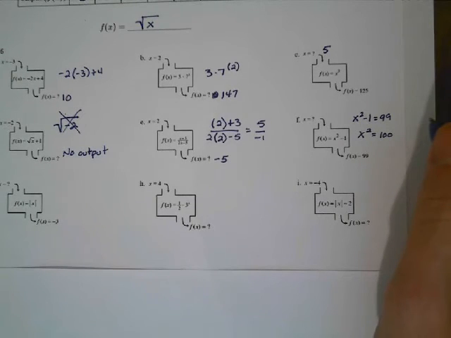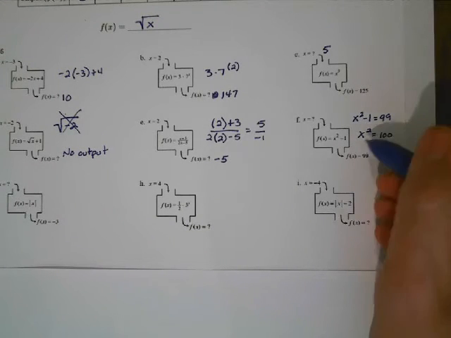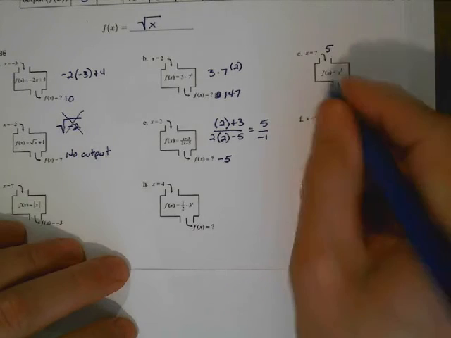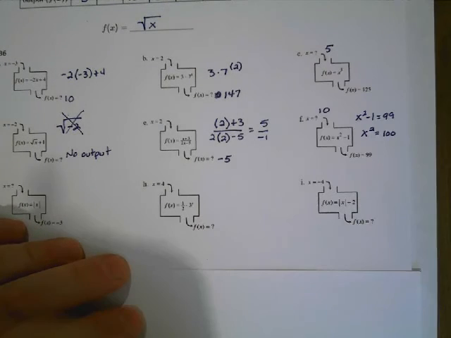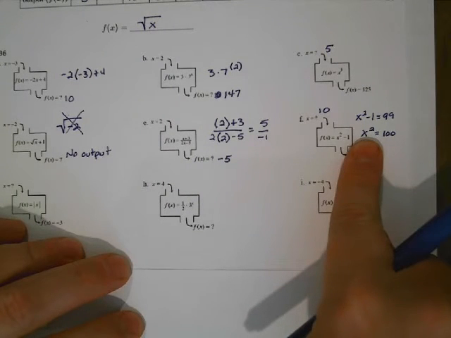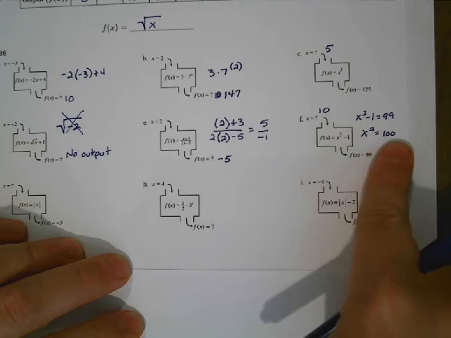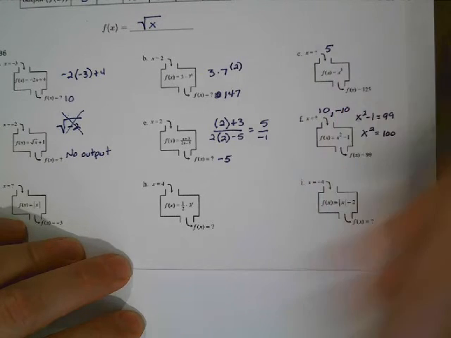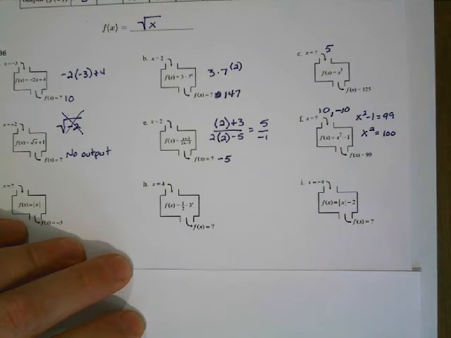Then, what number squared is 100? You might say 10, and you would be correct, but not wholly correct. There's another number that if you square it gives you 100. Can you think of it? It's -10, because -10 times -10 is positive 100. So this one has 2 input values that give the same output value, 10 and -10.